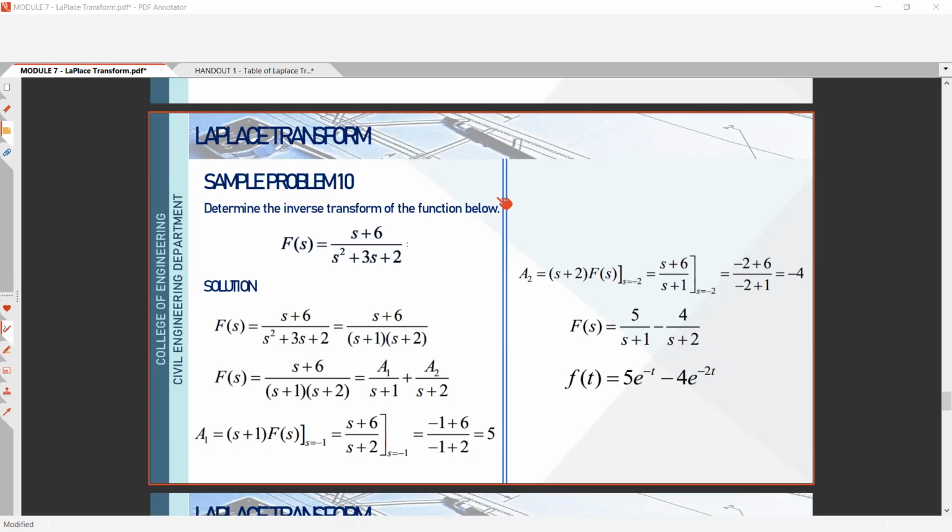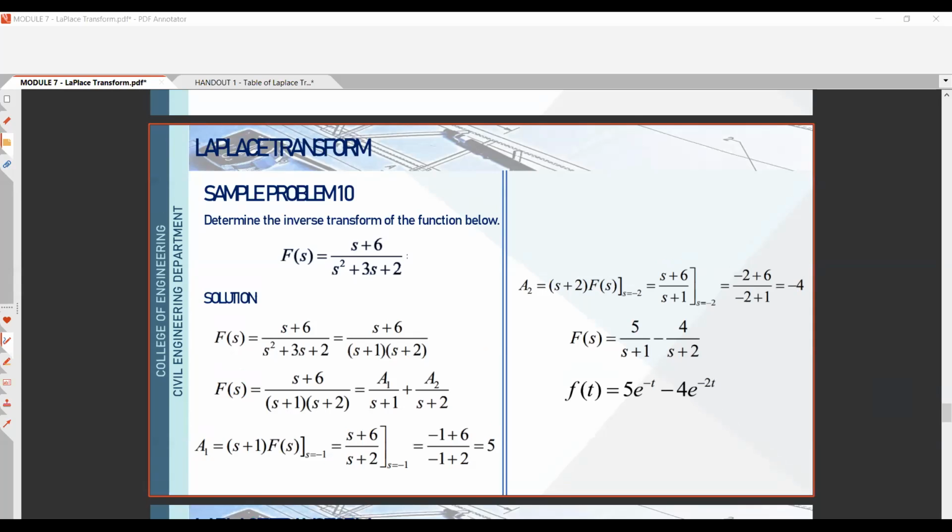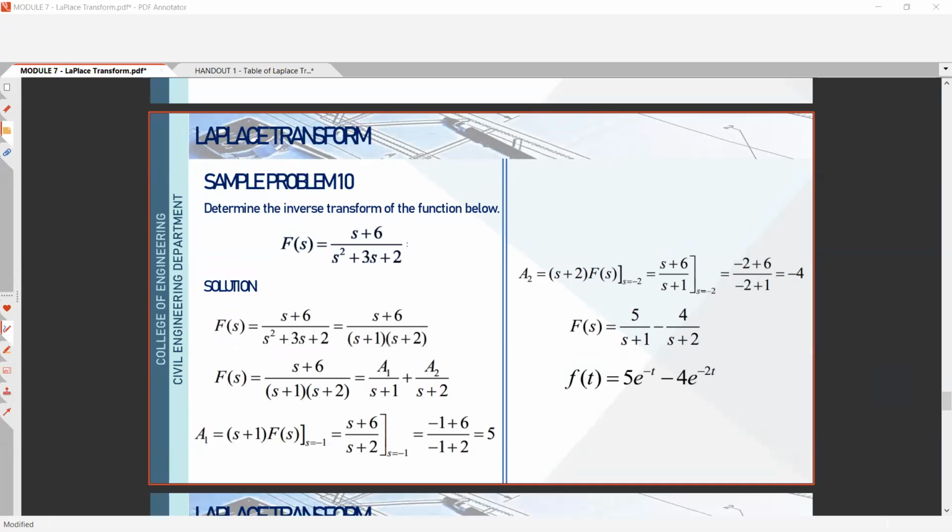So before we do this trick, punta muna tayo sa long-term method, para ma-determine nyo kung paano ba sinosolve talaga yung partial fractions.